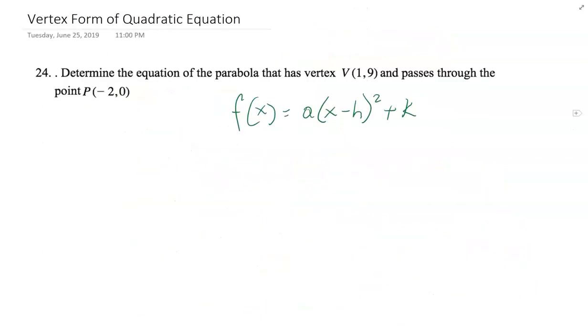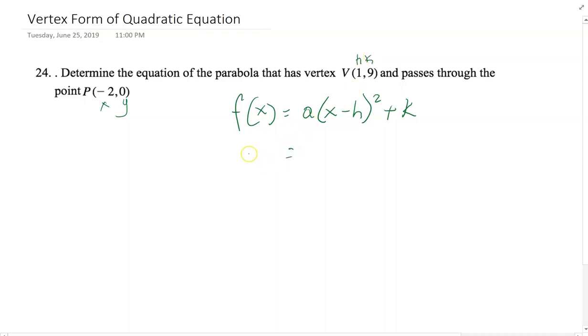Then we talk about something in vertex form. F of x equals a times x minus h squared plus k. Let's plug in this for your x and your y. You could call this y, and then your vertex will be h, k.